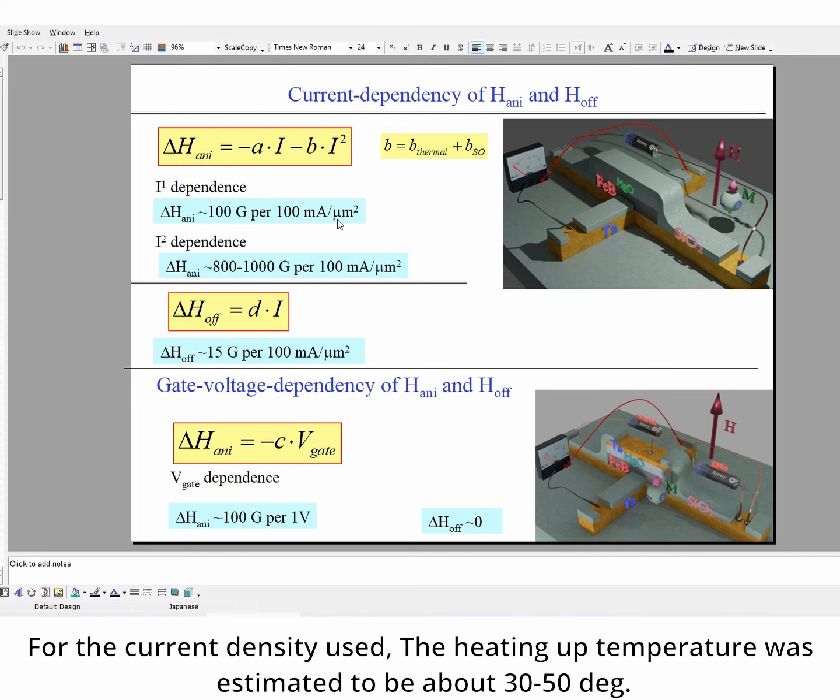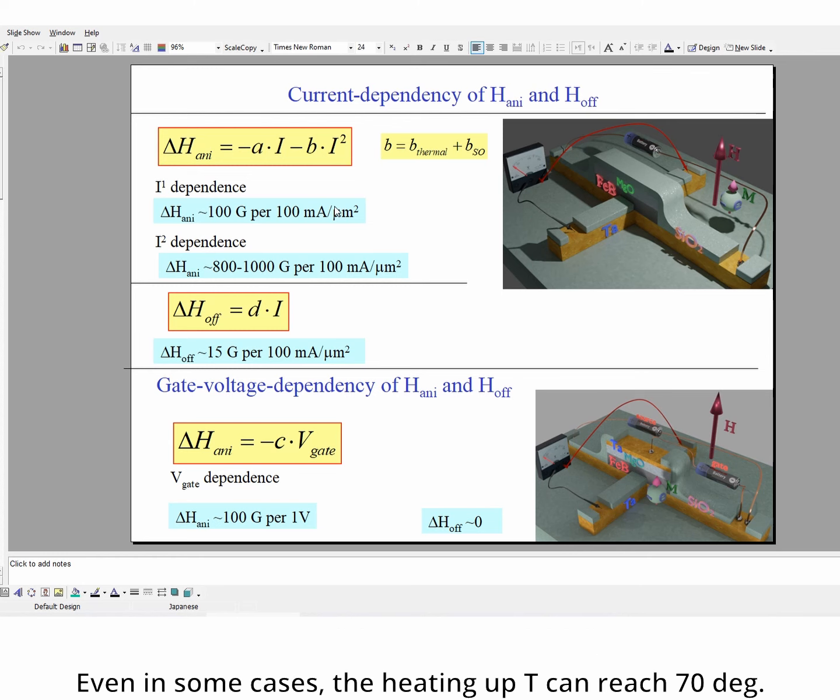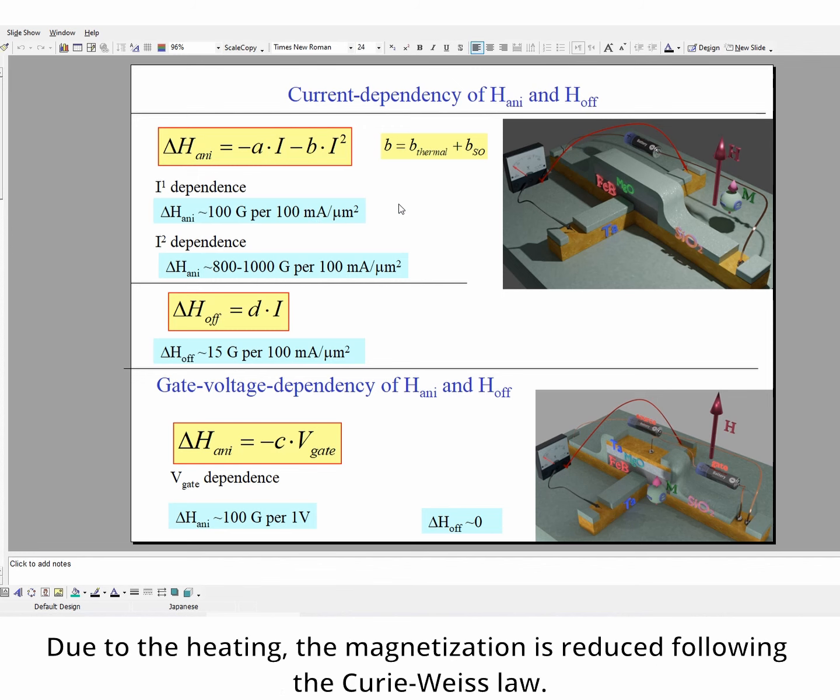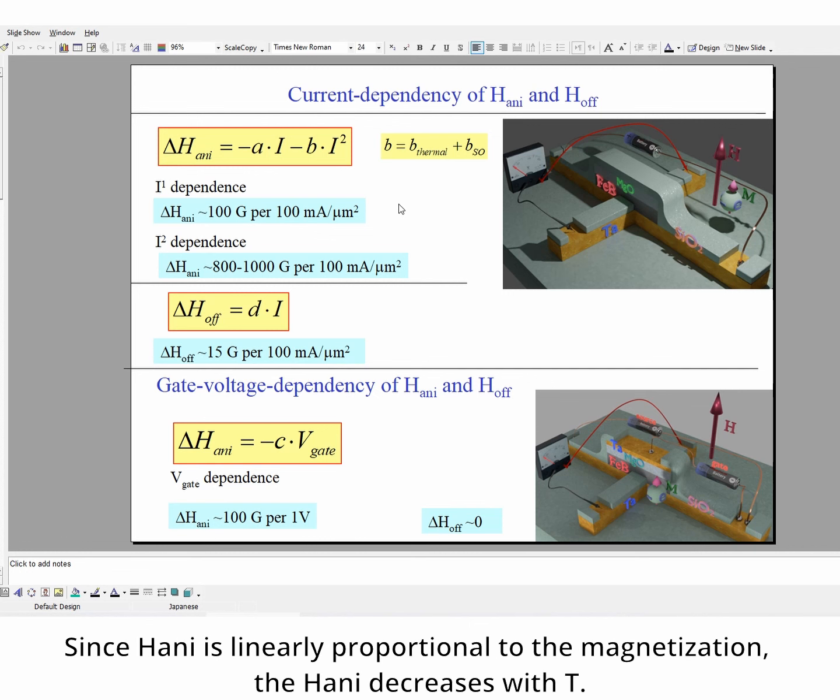For the current density used, the heating temperature was estimated to be about 30–50 degrees. In some cases, the heated temperature can even reach 70 degrees. Due to the heating, the magnetization is reduced following the Curie-Weiss law. Since the anisotropic field is linearly proportional to the magnetization, the anisotropic field decreases with temperature.